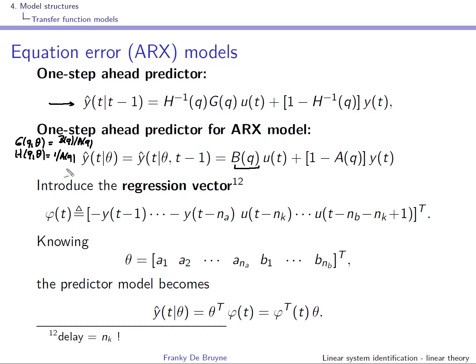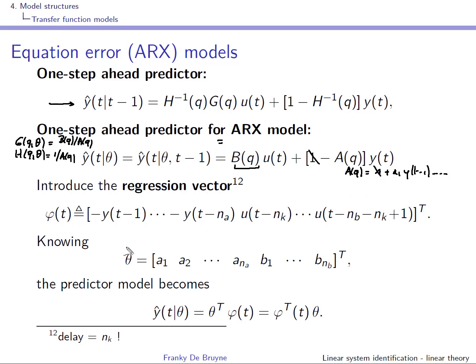And here we have to take the inverse of the noise model, so we'll have 1 minus A of q acting on y. Maybe first write A of q here. A of q is a monic polynomial, so it's 1 plus a1 q to the minus 1 and so on. So you can see here that the ones will disappear.